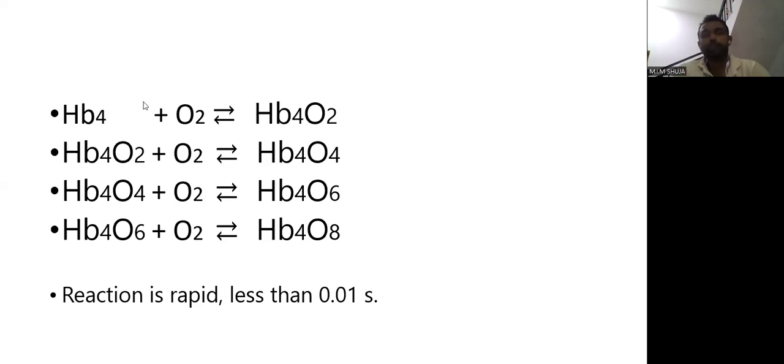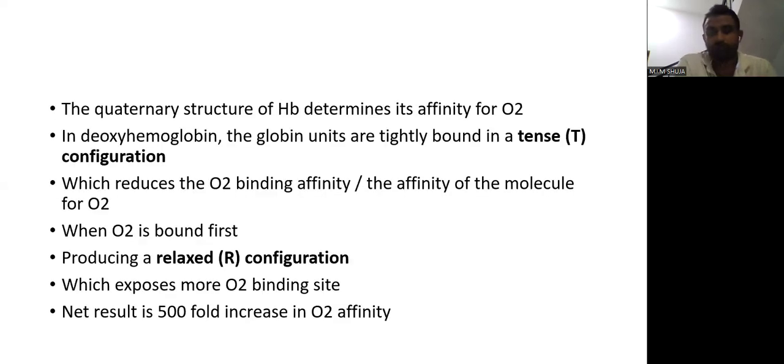So the hemoglobin binds with oxygen, one molecule Hb4O2, then second, third, fourth molecule, Hb4O8. These Hb4 mentioned are for heme. It is a quaternary structure, so that determines its affinity for oxygen.